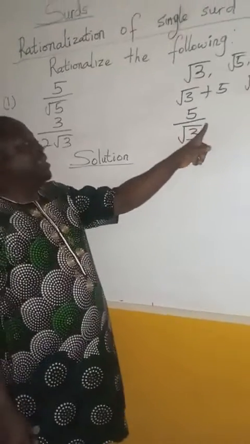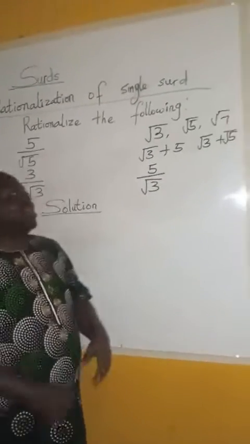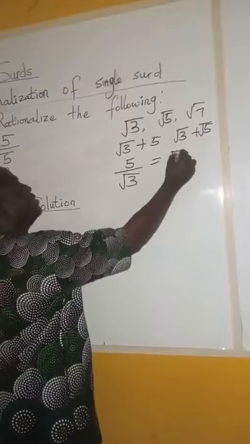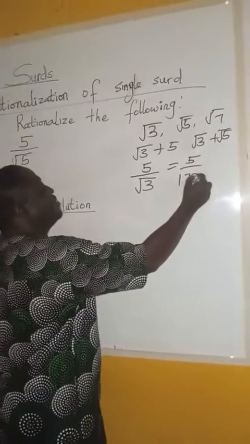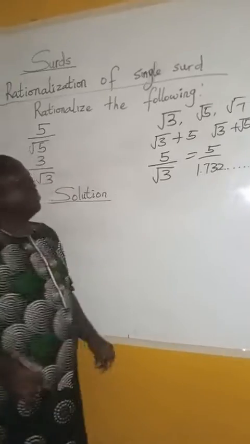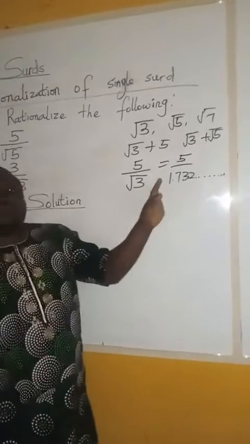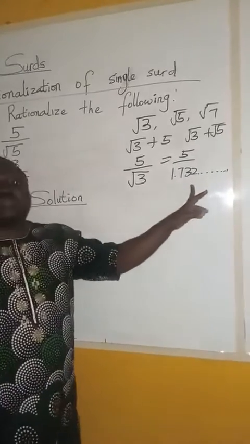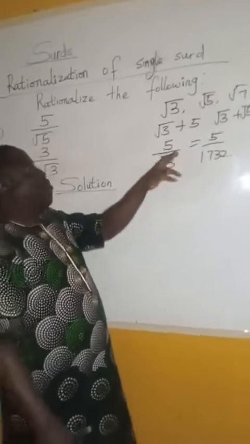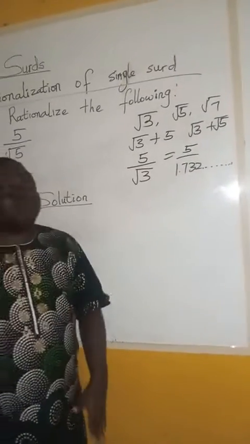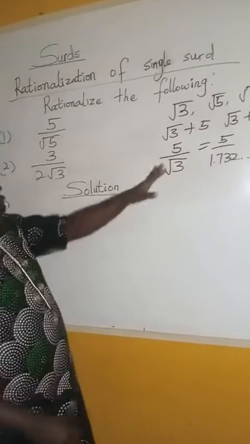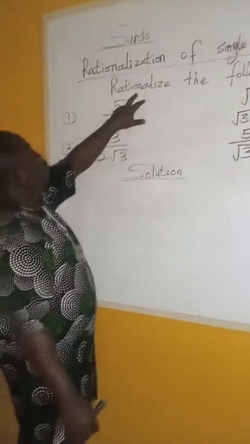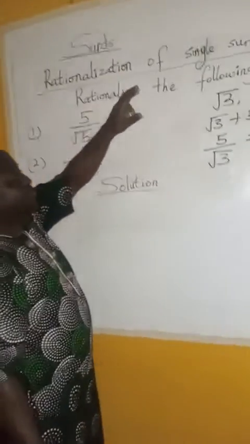So this root 3 here is an irrational number. If you want to divide 5 by root 3, you are getting 5 over 1.732 and so on. So this calculation is not easy to do because of this irrational number. But to make this calculation less cumbersome, we use what we call rationalization.